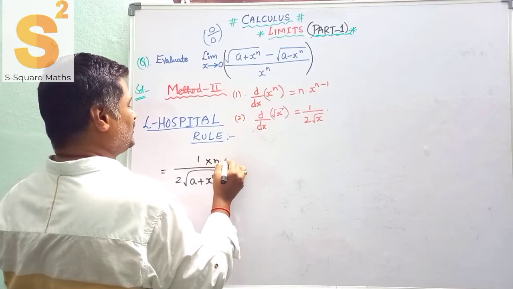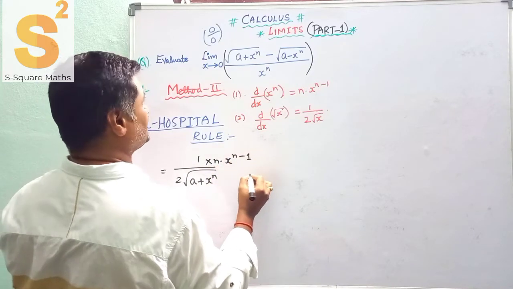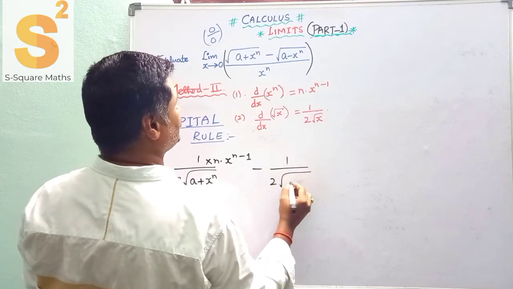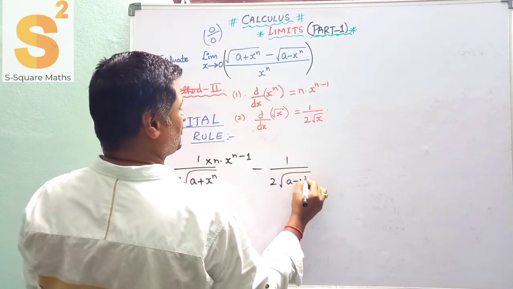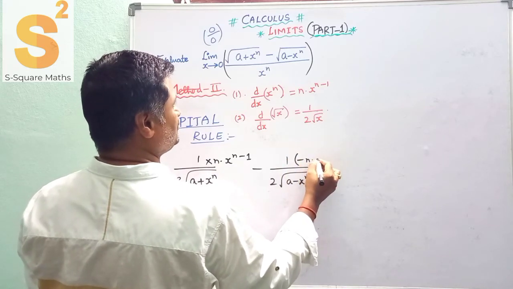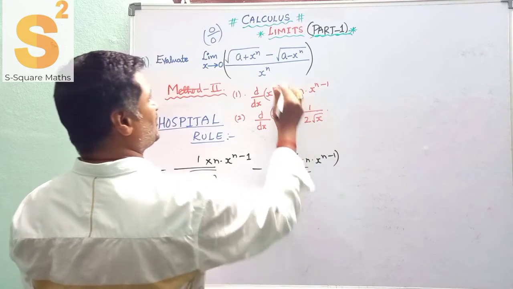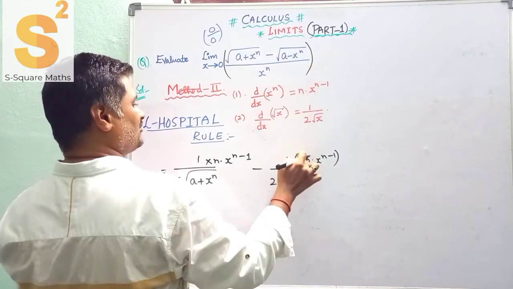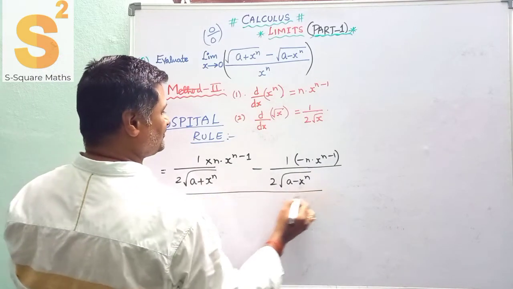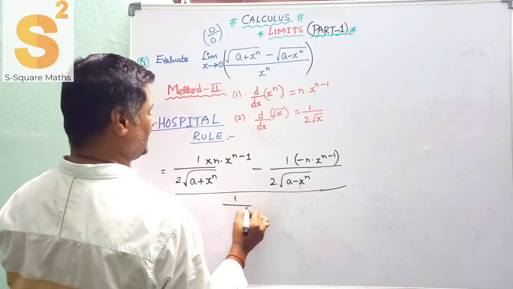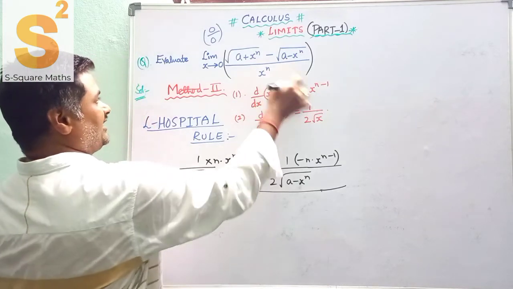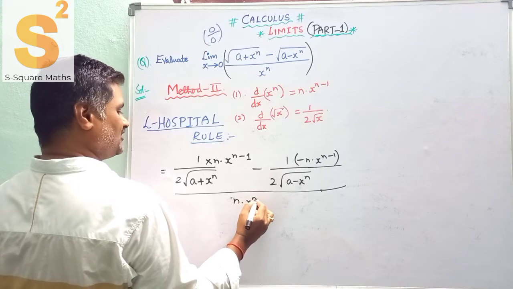Next, minus the same 1 by 2 root of (a minus x power n). Again here, minus of n into x power n minus 1, because the constant gives 0, so minus this part. By the denominator, whose derivative is n into x power n minus 1.